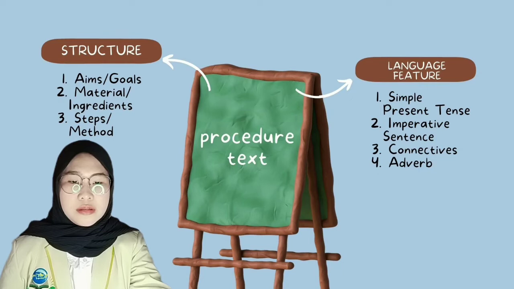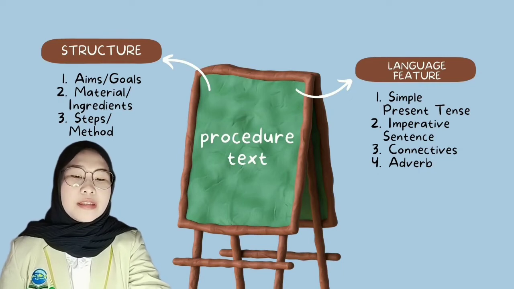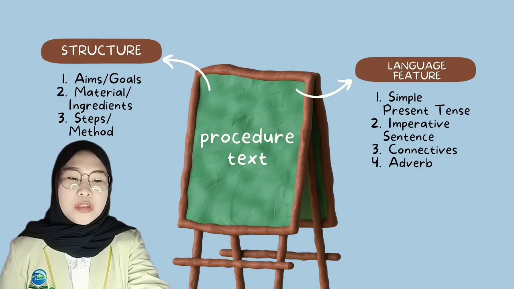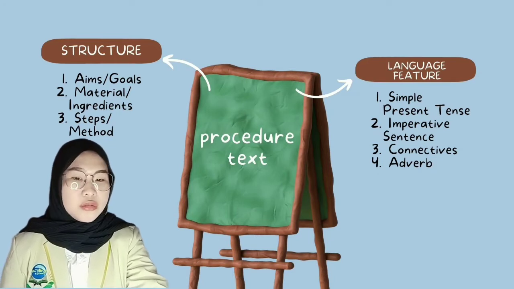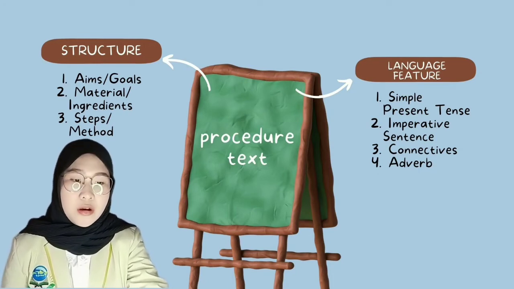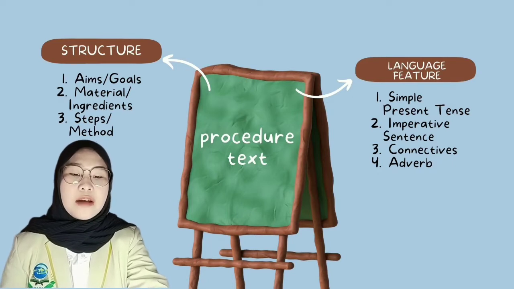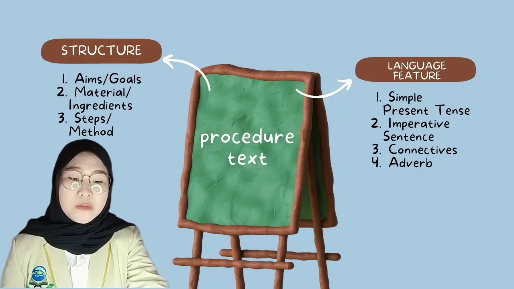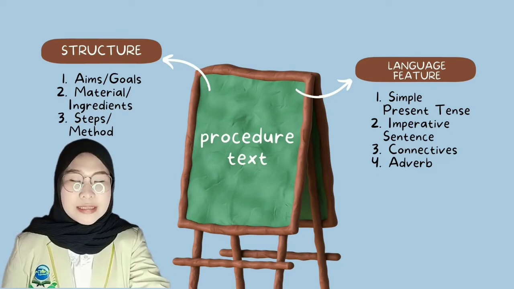Aim or goals. The first part in writing procedure text is the aim, which means goals. Usually, this purpose lies in the title, indicating the purpose of the text. For example, how to make dalgona coffee, how to use a printer, and how to combine tea and coffee. The second is ingredients or materials. In this part you write down the ingredients, which is useful for explaining what materials or tools are used to make something.